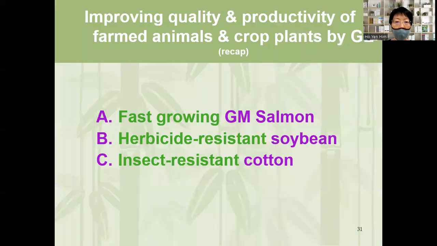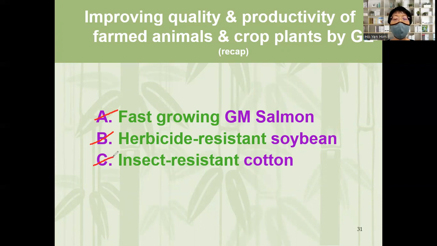Okay. So let's recap. In order to improve the quality and the yield of farm animals and crop plants, scientists have used GMO to create fast-growing GM salmon, which grow the whole year, and herbicide-resistant soybean, which can produce amino acids and protein even though we spray the herbicide glyphosate.